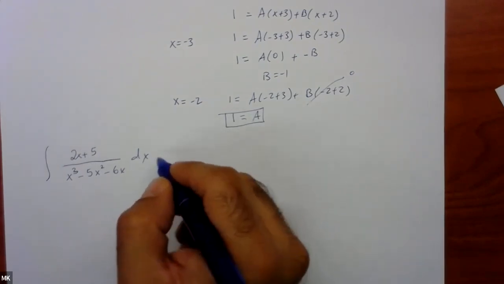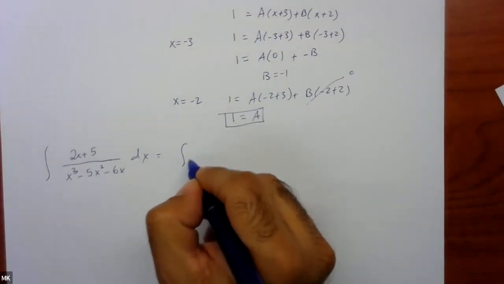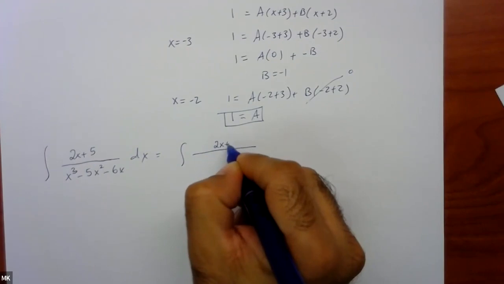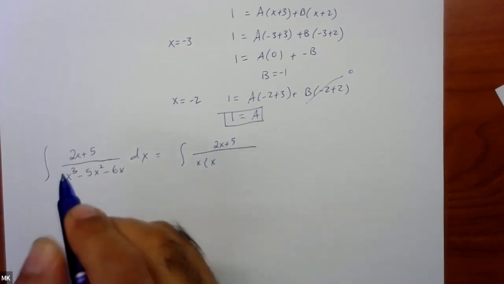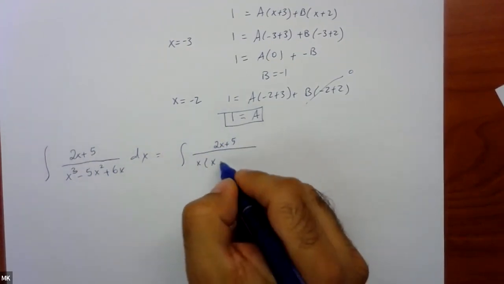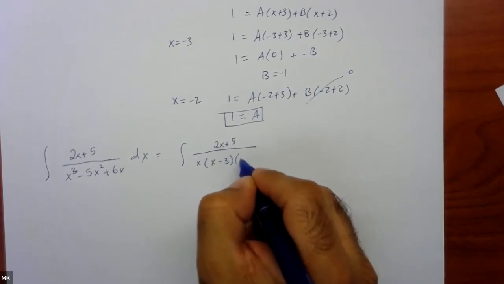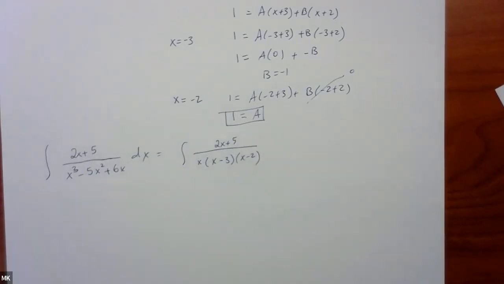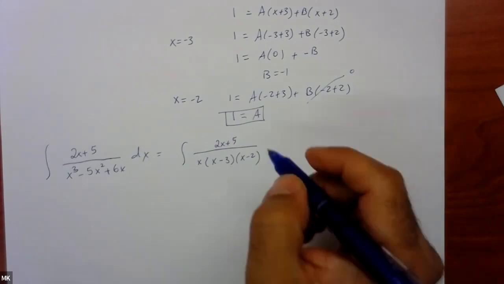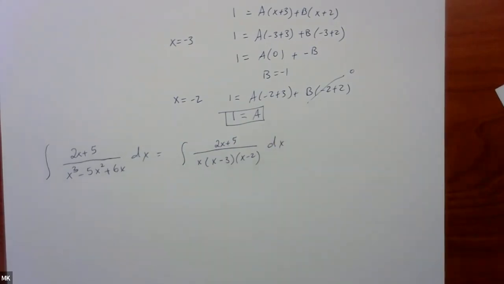So now I can notice the denominator, if I factor it out, is x times (x squared minus 5x plus 6), which is x times (x minus 3)(x minus 2) dx. Once again, I'm sensing partial fraction decomposition.